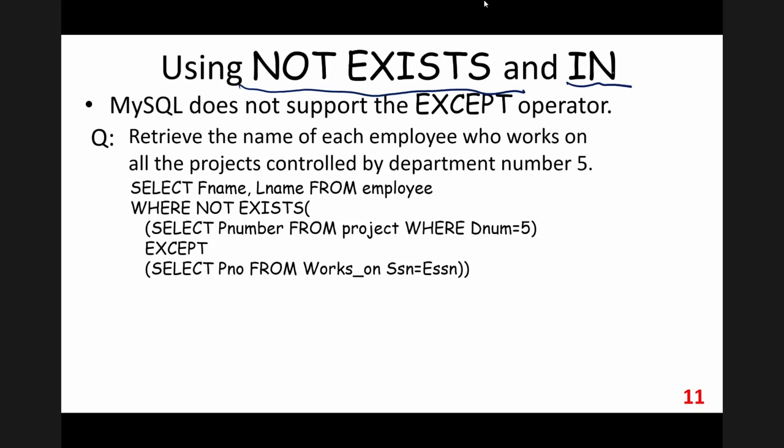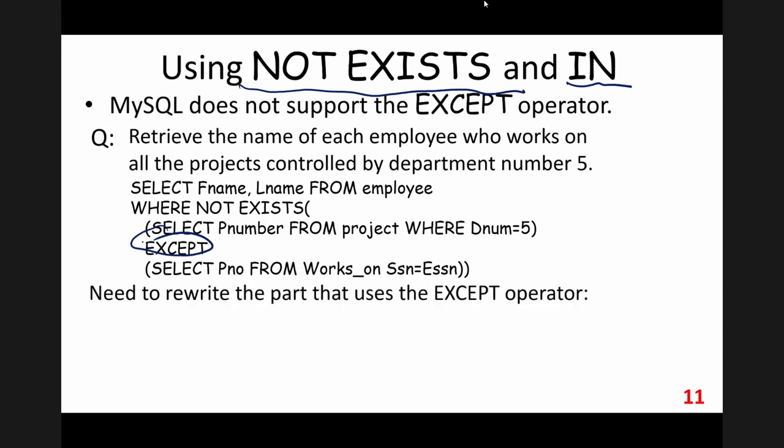This is the first version using except. So we want to do the same thing without using except. How to do it? We need to rewrite the part that uses the except operator. Not exists, still not exists.